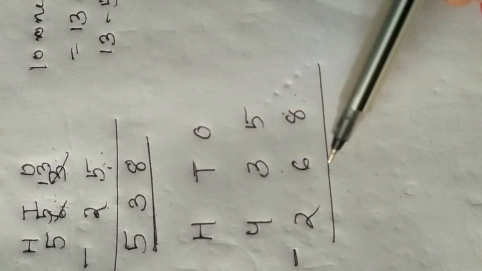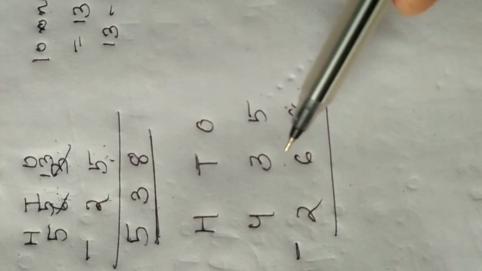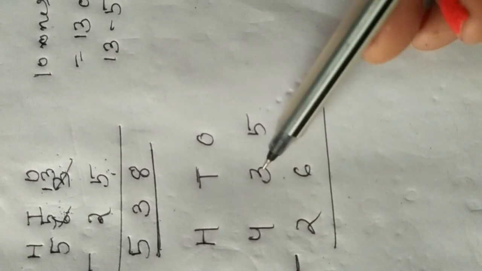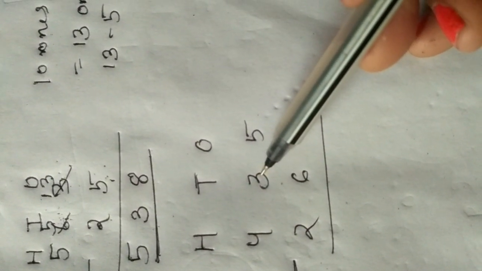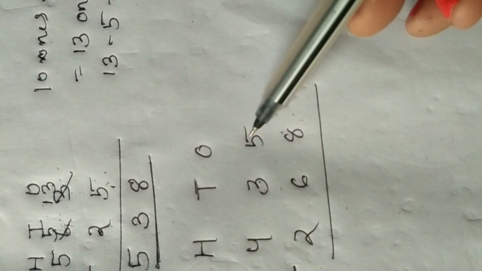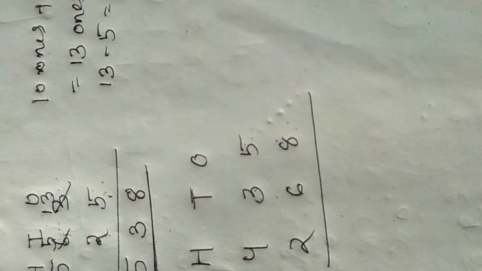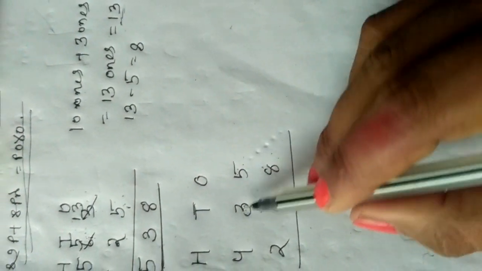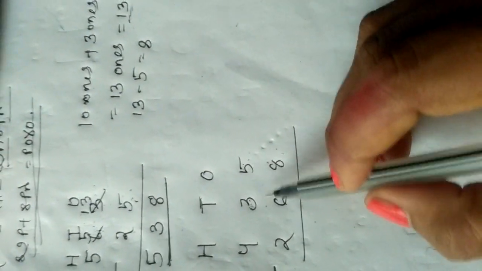So students, we go to the tens column and take 1 ten from the tens column and add it to 5 ones. Look carefully.